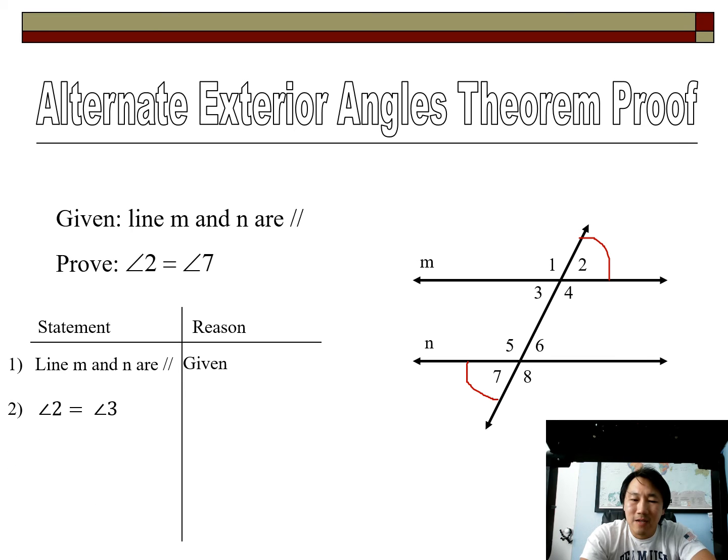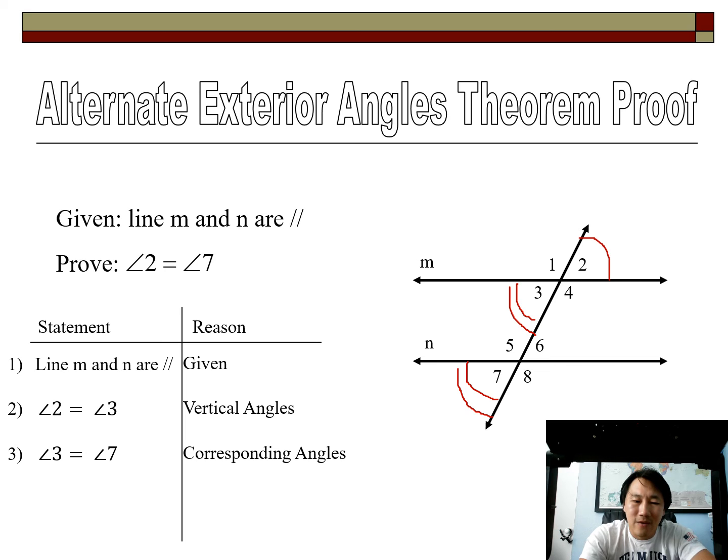Here's my first step, and again, it doesn't have to be your first step, but I see that angle 2 is equal to angle 3. What's their relationship? They're vertical angles. And then I notice that 3 is equal to angle 7. What's their relationship? Corresponding angles.